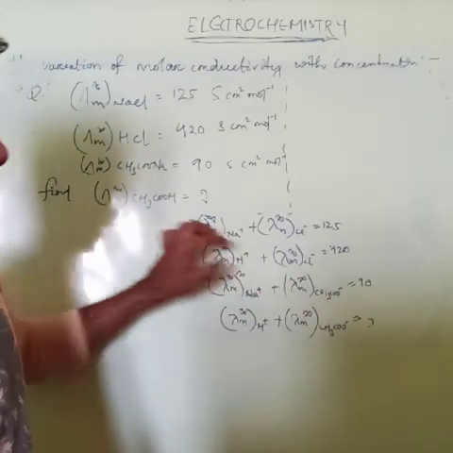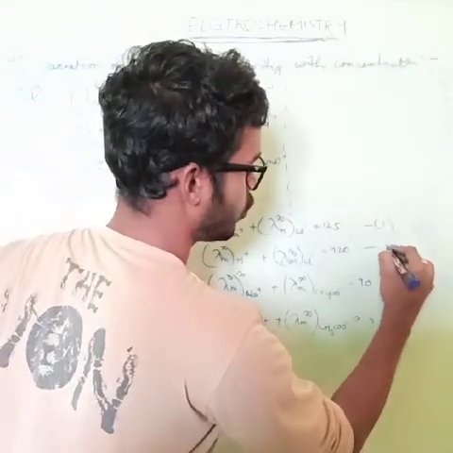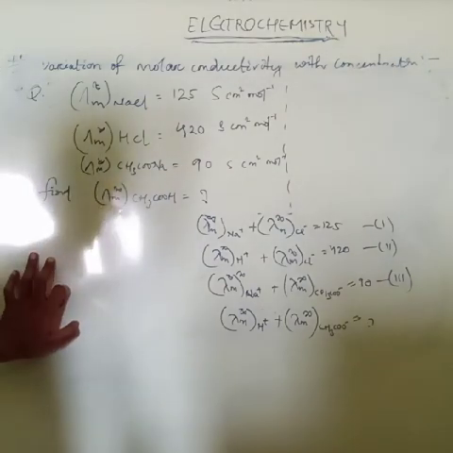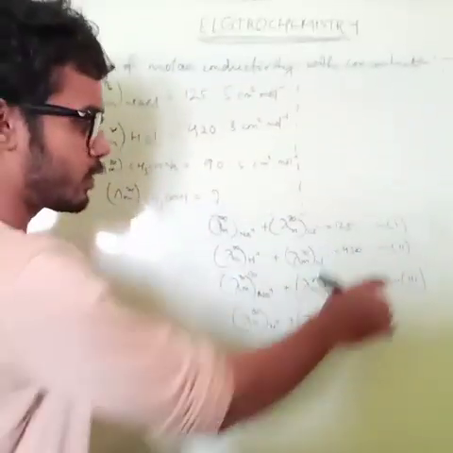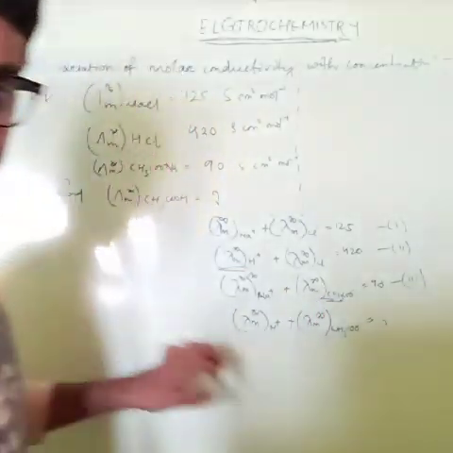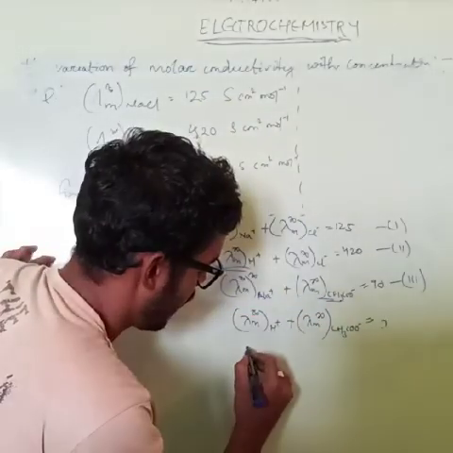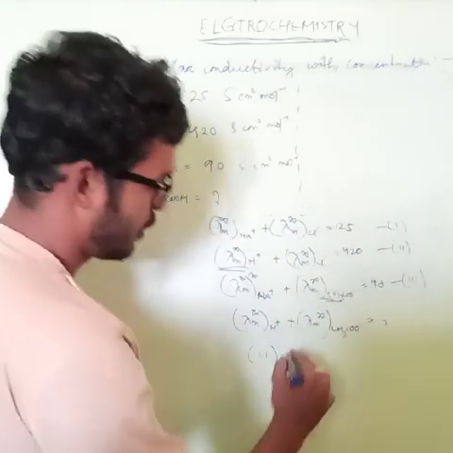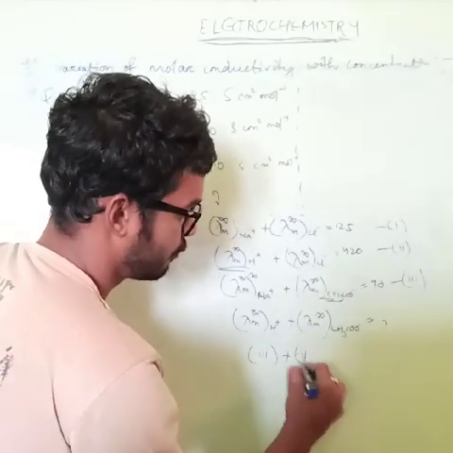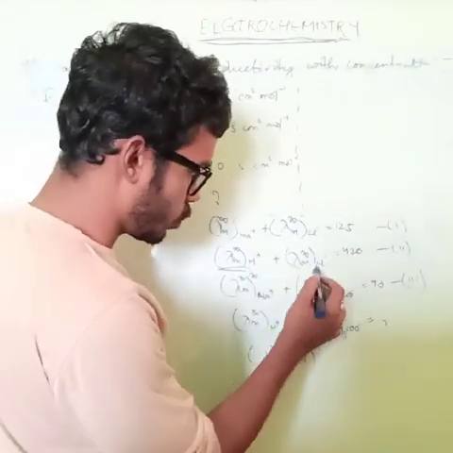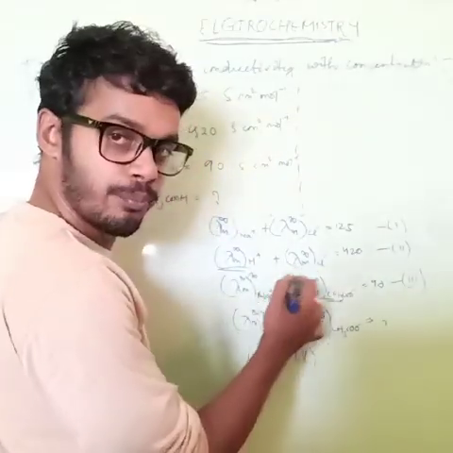Yes or no? Suppose equation 1, equation 2, equation 3. So from these two, by adding these two, what will you get? This value and this value. So add 3 plus 2. Then you will get Na plus and Cl minus also.